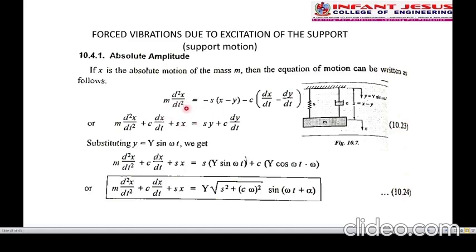Here this is the inertia force. The displacement is downwards, which means the inertia force acts upwards. What is the inertia force? Mass into acceleration. The displacement is x, so the acceleration is d square x by dt square. That is equal to the spring force, which is an upward force.